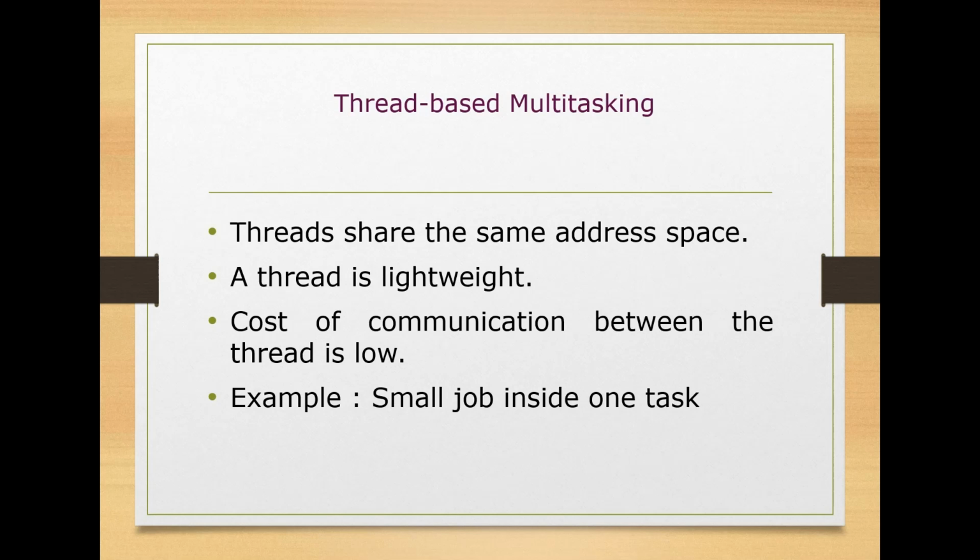So that is why we can say that thread-based multitasking is lightweight in nature, because context switching from thread 1 to thread 2, or job 1 to job 2, is easier, because job 1 is running in the same process and job 2 is running in the same process. So the cost of communication between threads is also low.